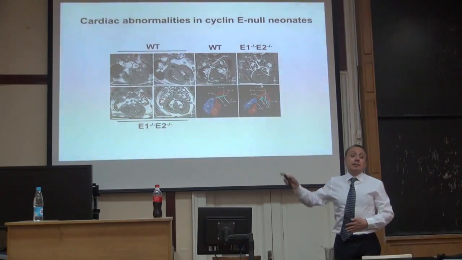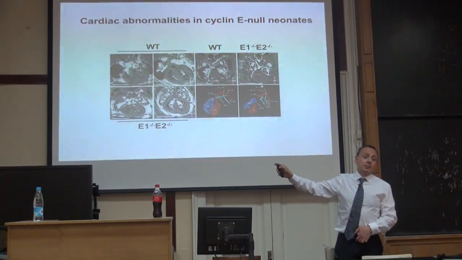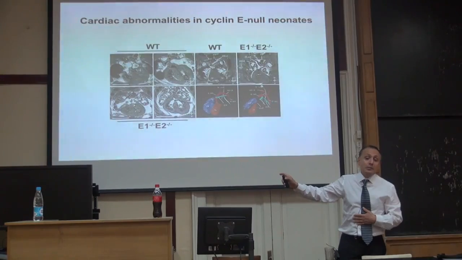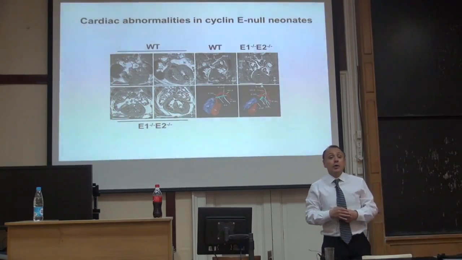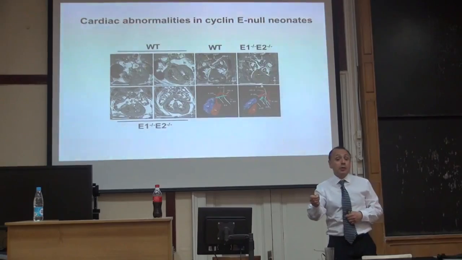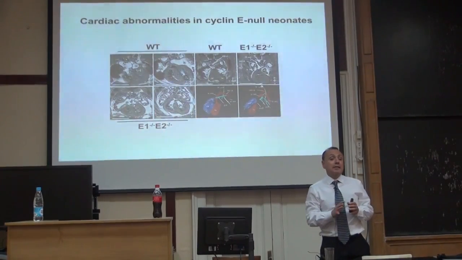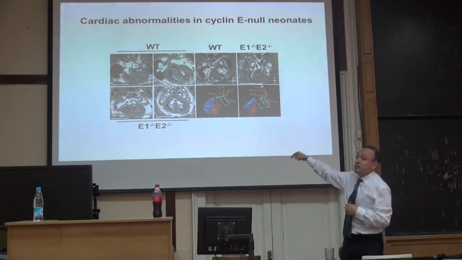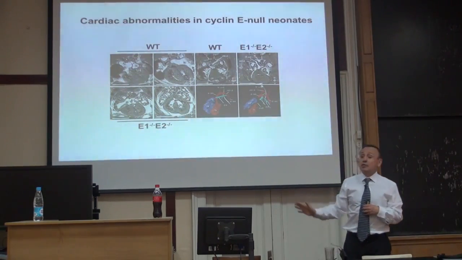And lastly, something I will not show, but I'll just describe the experiment. I showed you yesterday an experiment where we can do an inducible knockout in adult mouse. So we did it with cyclin E, and if you knock out cyclin E after the mouse is born, then now the mouse is perfectly happy.